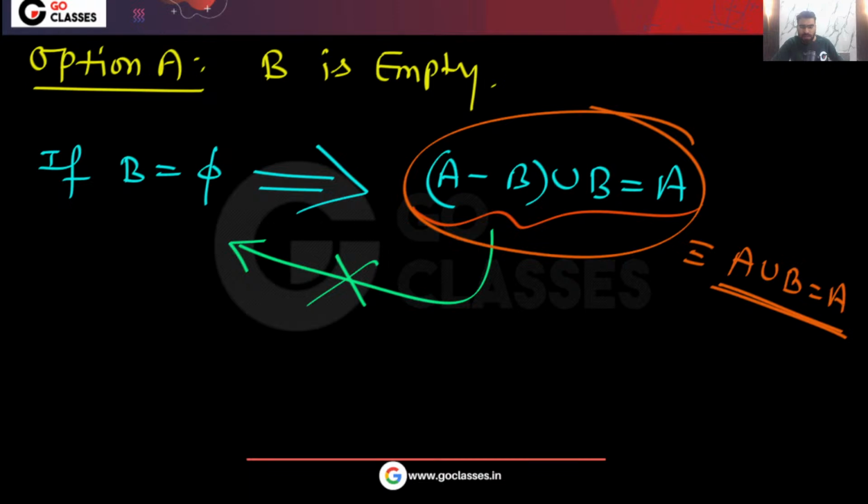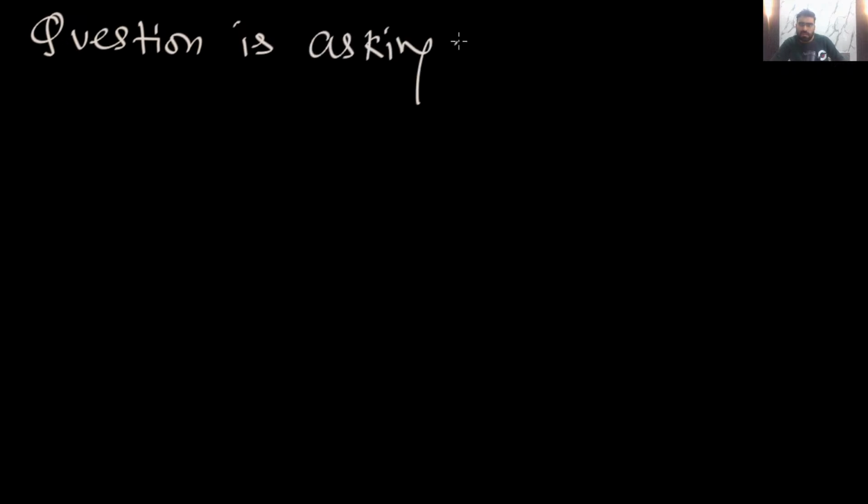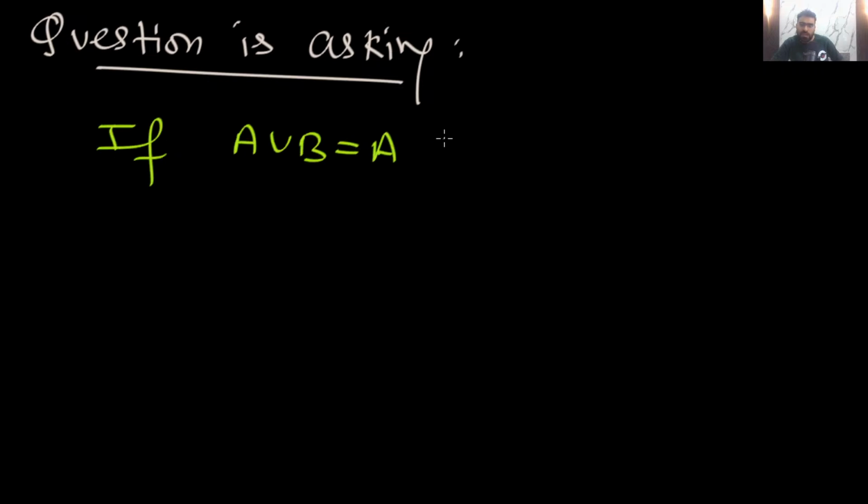So focus on what the question is asking: if A union B equal to A, then what must be true?